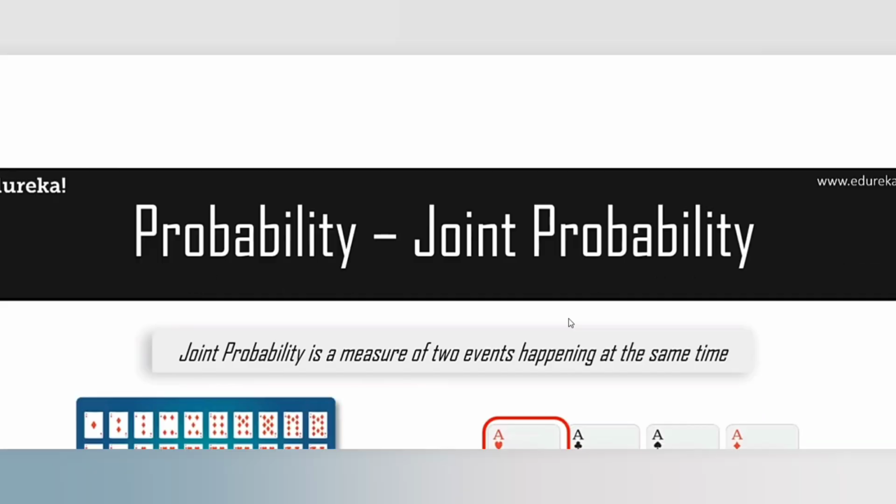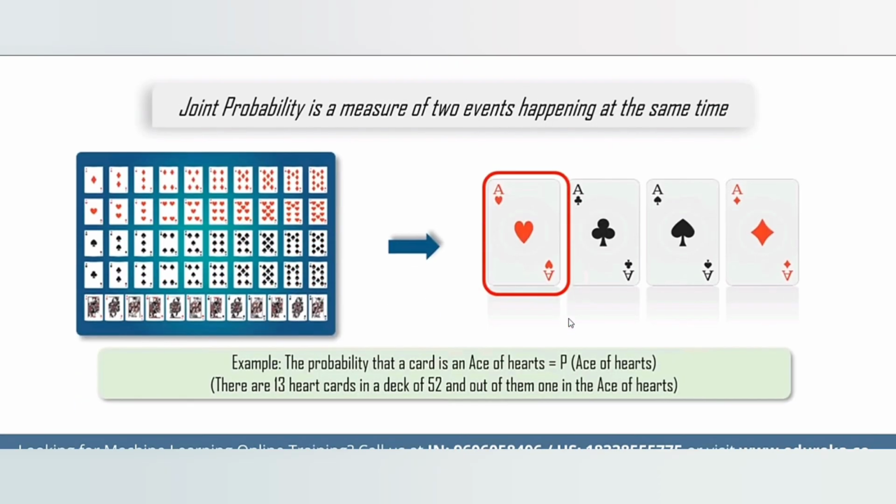The next thing is joint probability. Joint probability is a measure of two events occurring, like in this example, the probability that a card is the ace of hearts. There are 13 heart cards in a 52 deck, and out of them one is the ace of hearts. Here two events are occurring, because we don't want only a heart, in that heart we want the ace.